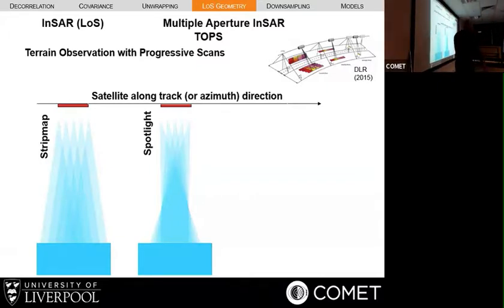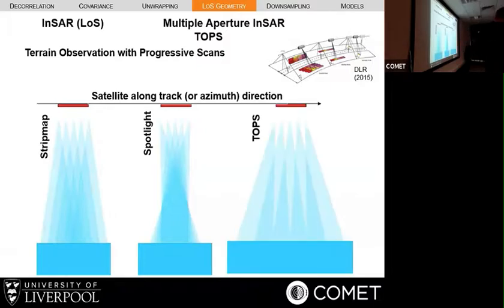Just saying the same thing, just emphasizing the fact that TOPS is the combination of those bursts. Each burst illuminates the ground slightly differently with different angles, and that will have to be taken into account. As you can see, pixels on the image could be illuminated several times with slightly different incidence and looking angles and squint angles.